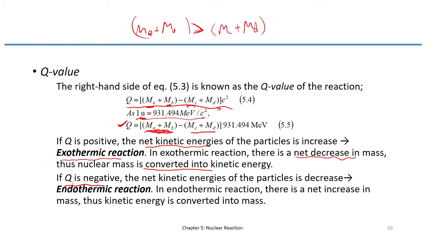What this implies is that the kinetic energy before the reaction is now being converted to the mass of the nucleus or particle after the reaction. If Q is negative, the reaction is classified as an endothermic reaction.